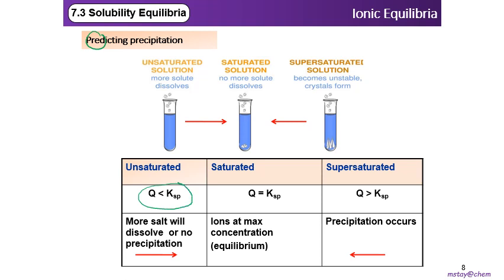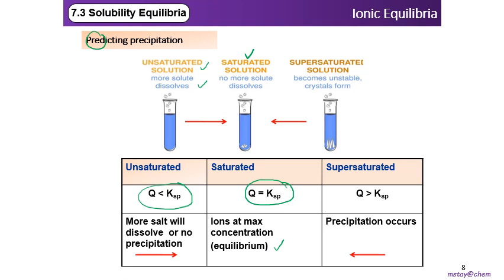If Q is less than K, it means that the solution is unsaturated and more solute can be dissolved. If Q equals K, it means that it has already achieved equilibrium, so the solution is considered a saturated solution.